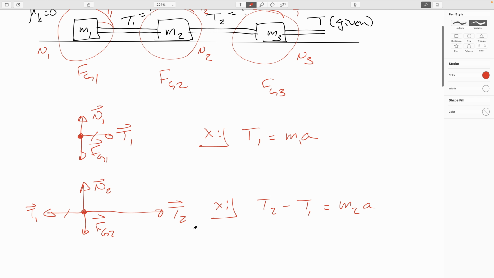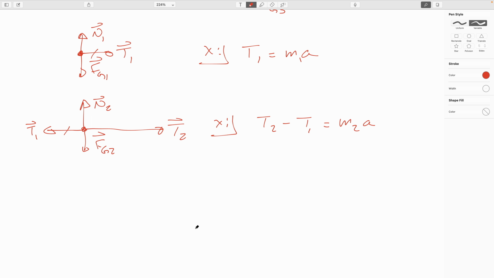And then I can repeat this again for the third one. So I will have N3 up, Fg3 down, T2 to the left, and that is a third law pair with T2 to the right, and then my applied force T to the right, which is known.